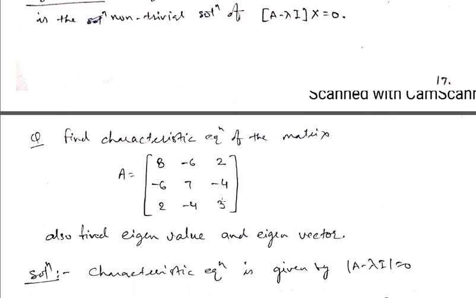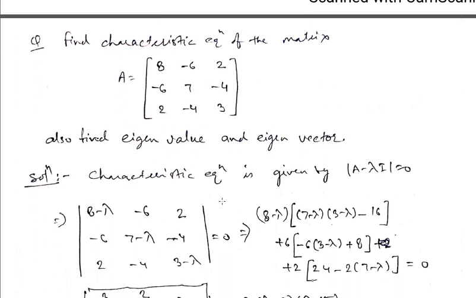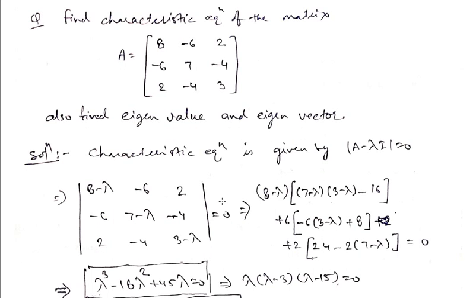So we have a problem here: how to find eigenvalues and eigenvectors. Here we have a 3 cross 3 matrix named A. First we have to find its characteristic equation. After that we find its eigenvalues, and for each eigenvalue we will find the eigenvector.